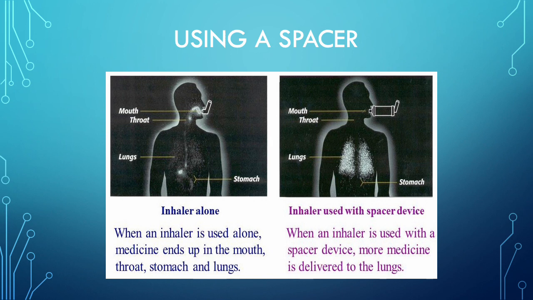You'll squirt the medication into the chamber, which allows the medication to sit in the chamber and gives you more time to breathe that medication in. The reason this is more effective is a lot of times when patients are using metered dose inhalers, they're actually delivering the medication to the roof of their mouth and they're not actually inhaling it. So it just provides more effective medication delivered to the lungs.